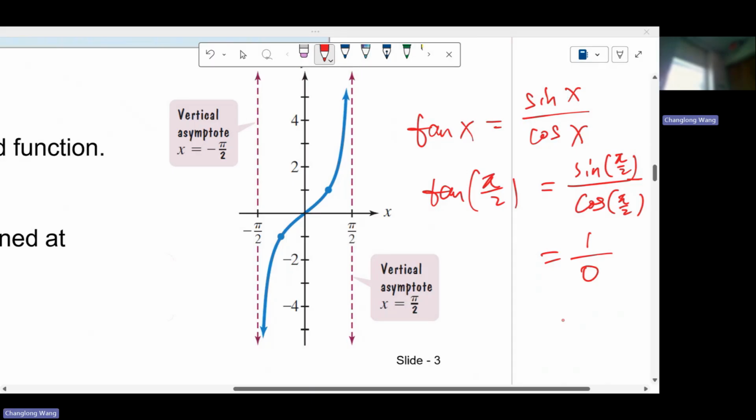You might say, what happened to the other side? Well, the sine will be -1 when you evaluate the sine at negative pi over 2, but cosine at negative pi over 2 is still 0. A -1 divided by 0 is making it infinitely large. 1 over 0 is still infinitely large, right? But with a negative, it's making it infinity going the wrong way, so it will be the opposite direction. And that's why you have 2 VAs at this point, at negative pi over 2 and pi over 2.